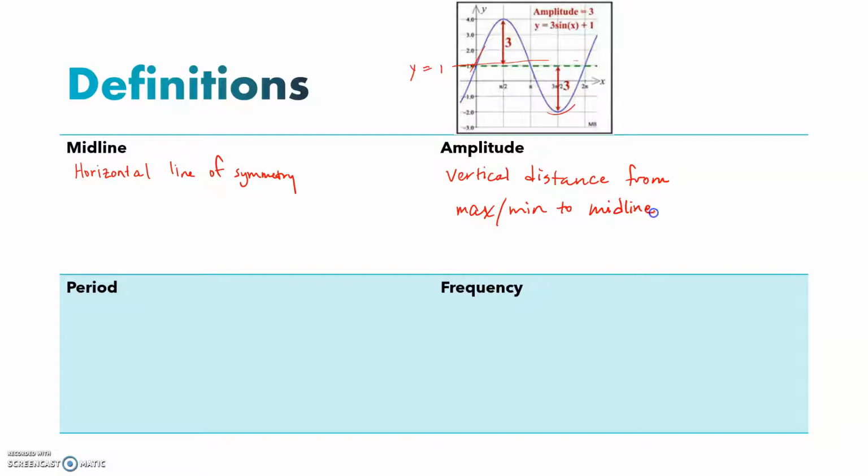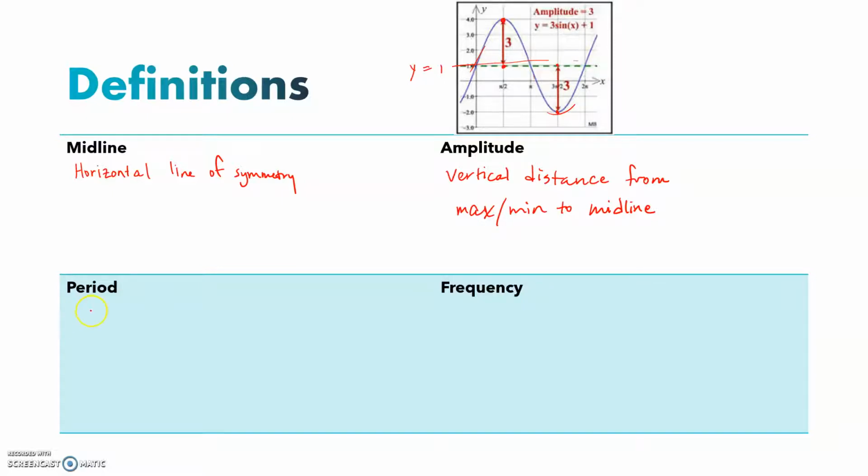So for this particular graph, the amplitude is 3 because the maximum is at 4 and the midline is at 1. So that's a distance of 3. Or the minimum is at -2 and the midline is at 1. So that's a distance of 3.